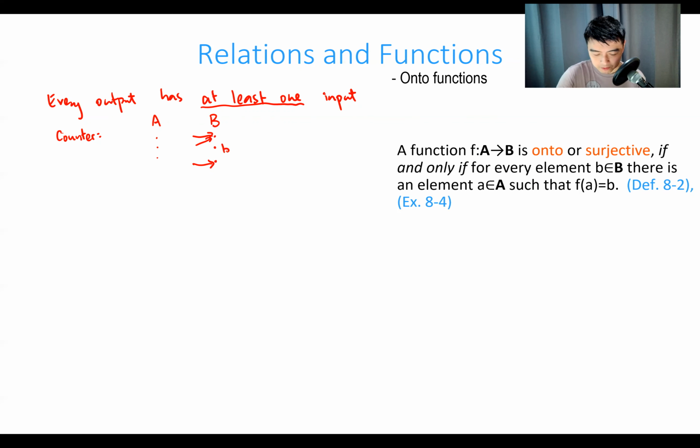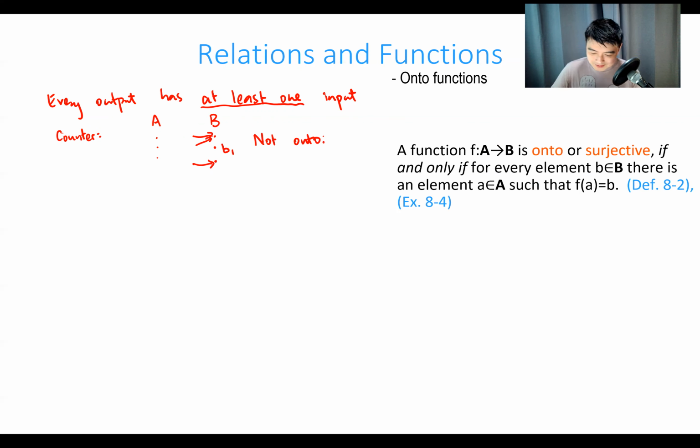Let's call this B1. Let's say B1 is never used, then that is our counterexample for an onto function. It says every output has at least one input. Well, B1 doesn't have an input, right? So in this case, we would say this is not onto. This is not an onto function because you have an output there that is never used.